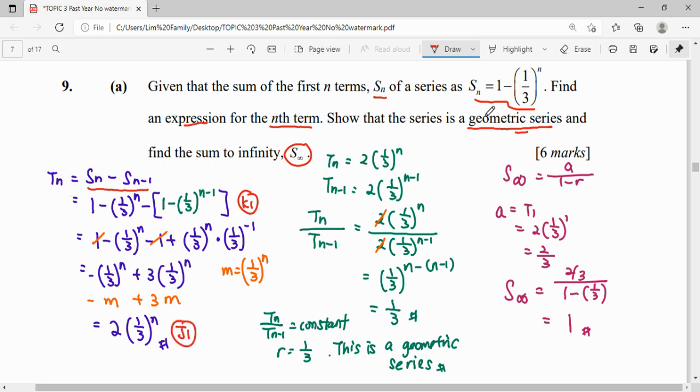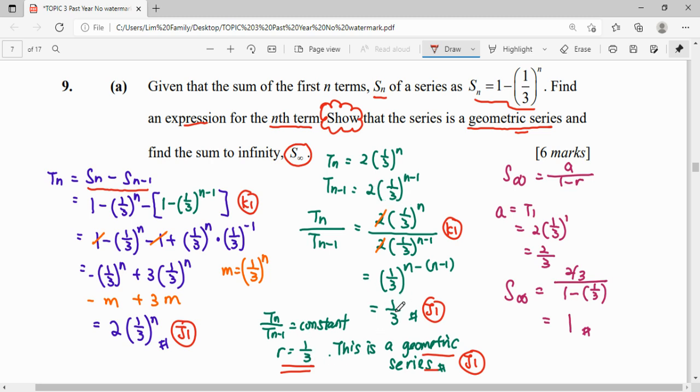The second task is how to show this is a geometric series. We look at Tn divided by Tn-1, meaning the term after divided by the term before, to see if we get a constant. Yes, we're getting a constant, so we justify our answer: the constant is our common ratio, so it is a geometric series. We have to write the conclusion because this question is asking to show. We must explain that when we get 1/3, it means the ratio is 1/3.